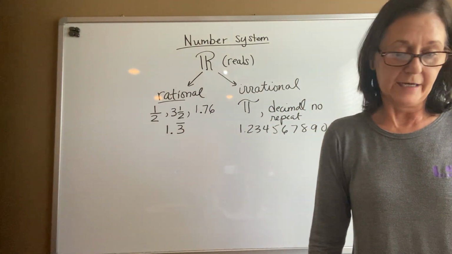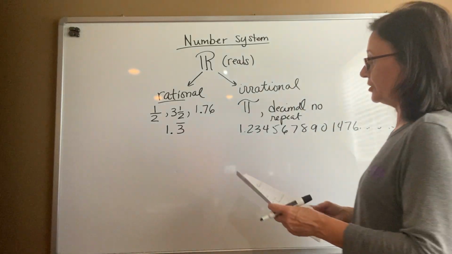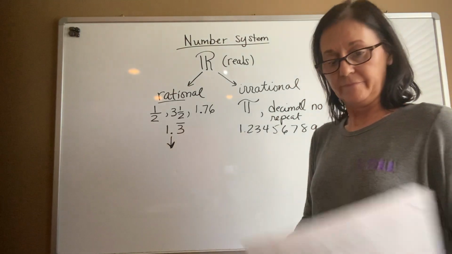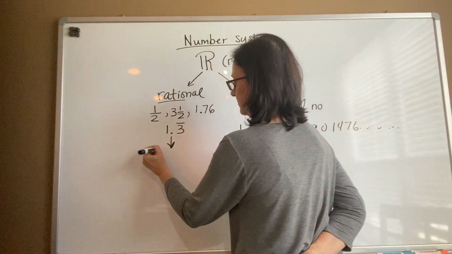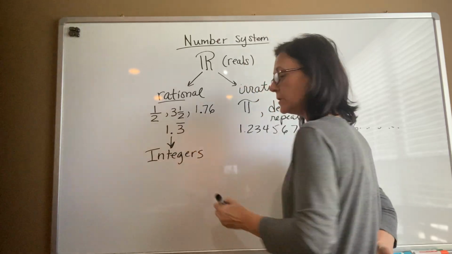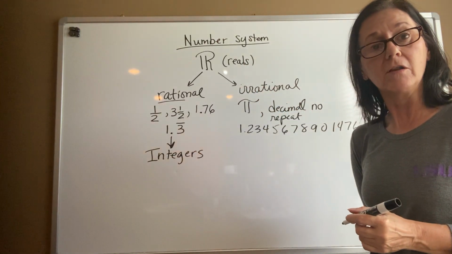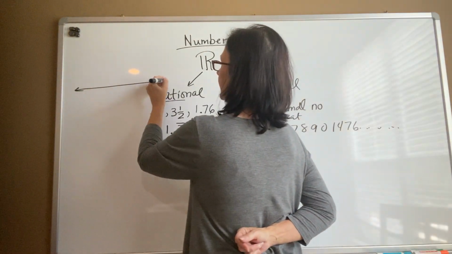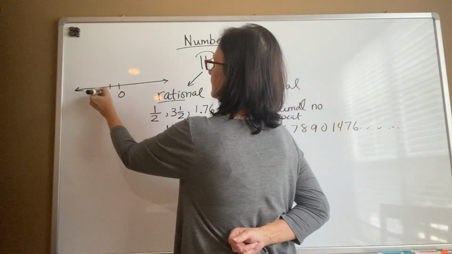Any number that has no repeat, like pi, is an irrational number. Now, under rational numbers, we have integers. Integers are all of the numbers that you represent on a number line.